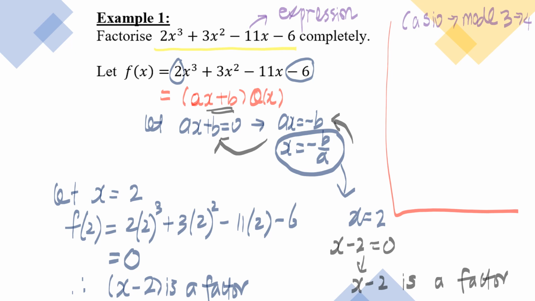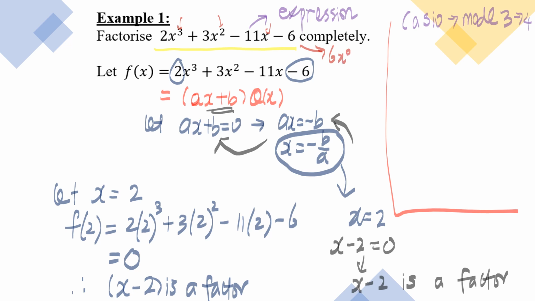And you have to remember to arrange your polynomial in descending order of the power. That means from the highest power to the lowest power. In this case, the highest is 3, and of course 6 can be written as 6 times x to the power 0.